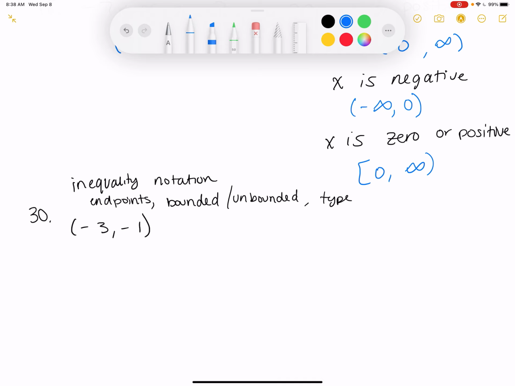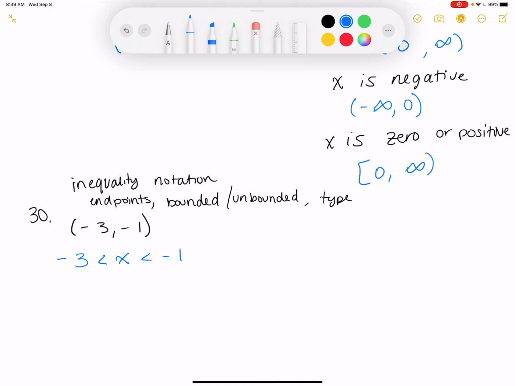So -3 is less than x, less than -1. We know that x has to be in that interval, and it's not equal to -3 or -1 because of the parentheses. It tells us we're not including those, so that's why we use the less than signs.